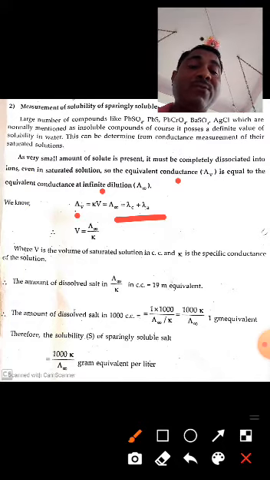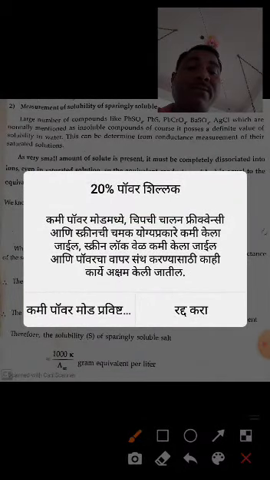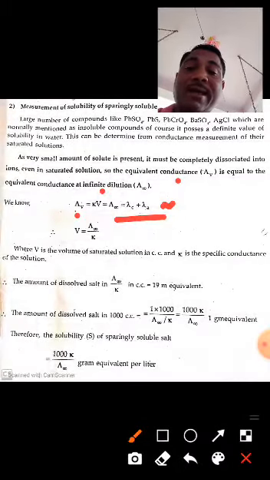From Kohlrausch's law, the equivalent conductance at infinite dilution is equal to the ionic conductance of the cation plus the ionic conductance of the anion, and the equivalent conductance at a given dilution is equal to Kv.